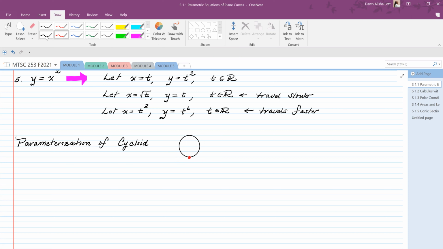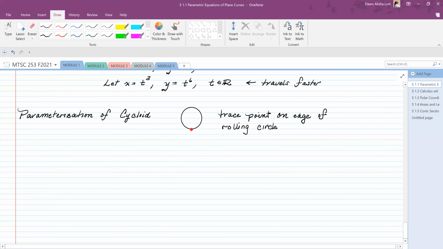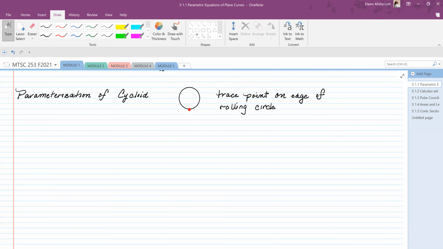So what my cycloid is going to do is trace the point on the edge of a rolling circle. All right, so that's what we're going to do. So let's draw this.